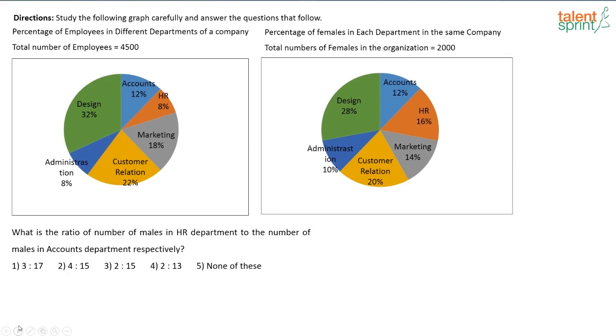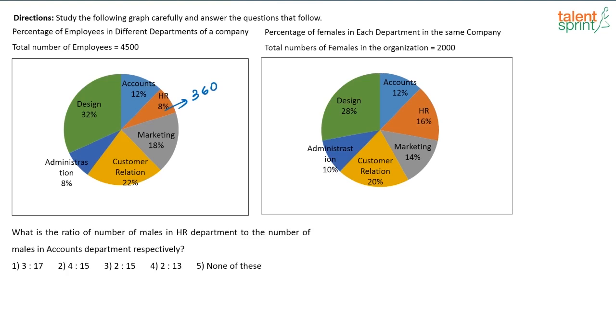Similarly, we have to find the number of employees in the accounts department minus the number of females in the accounts department. That will give you the number of males in the accounts department, and then find the ratio. So HR department here is 8%. So how many employees are there in the HR department? 8% of 4,500. We already know, right? That is 360. We just found that out for a previous problem.